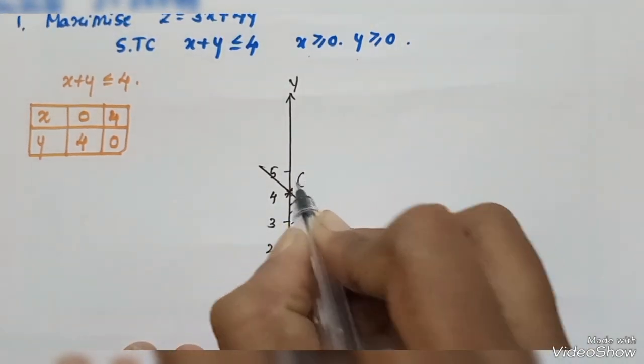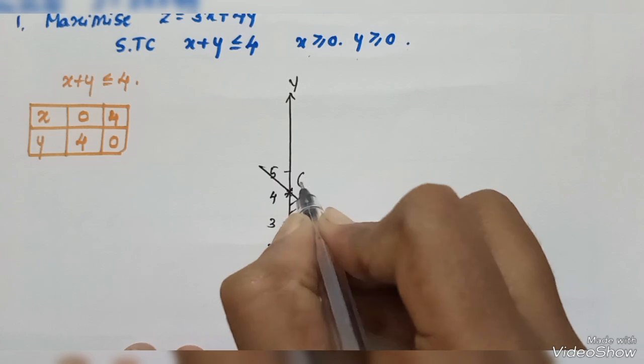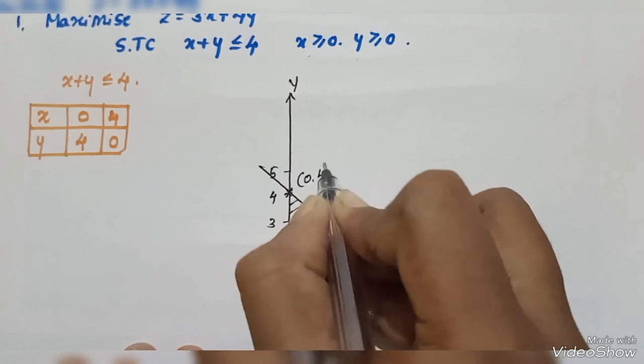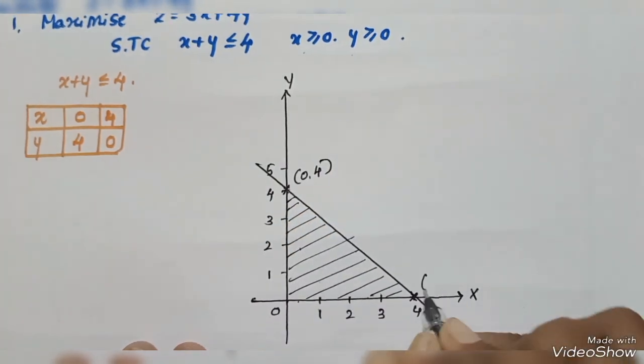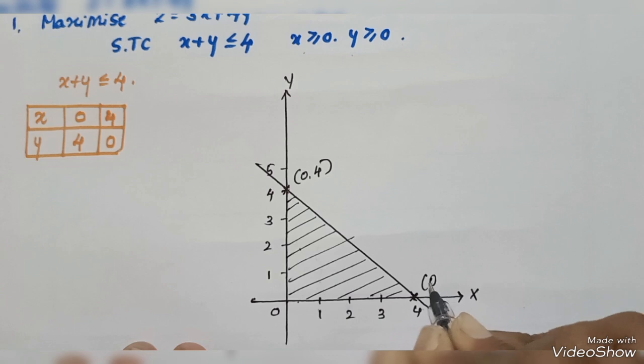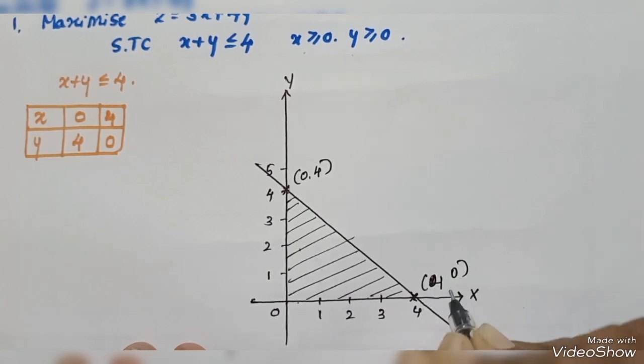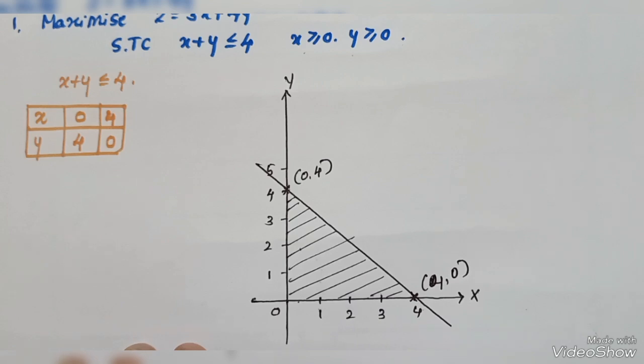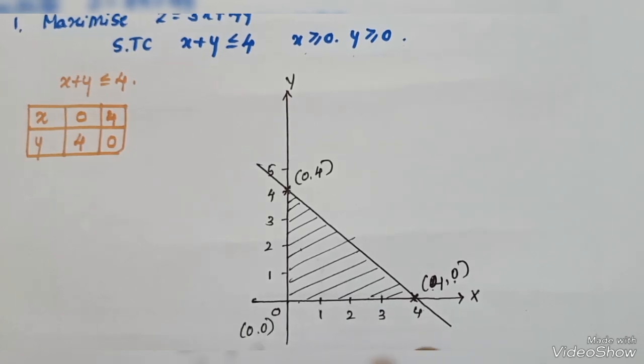One corner point is x equals 0, y equals 4, another is y equals 0, x equals 4, and another is 0 comma 0. When writing the x and y values, first write x, later y. This is the bounded region.